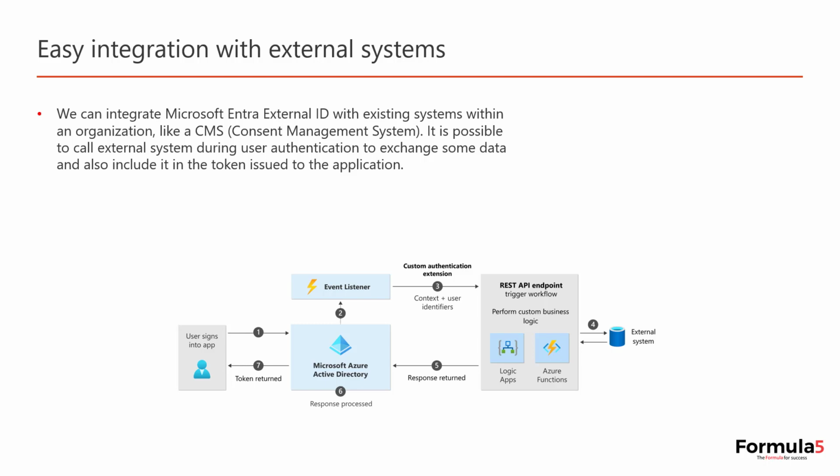Even if we keep some data outside of the Entra tenant, we can access this data through some API or service and include it in the token that will be issued to the application. This can be really powerful because we can implement many different kinds of flows.